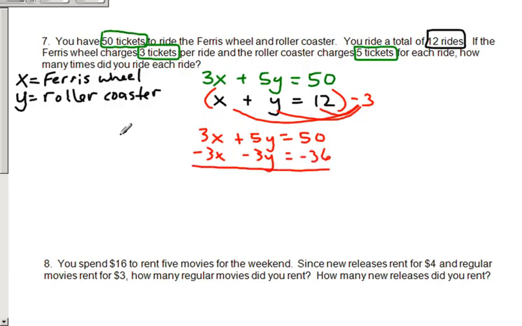That's our adjusted bottom. We see our opposites here. Those cancel out. We add down, we get 2y equals 14. Divide by 2, and you get y equals 7. Well, if you remember, we let y be our roller coaster, so that means we have 7 roller coaster rides.